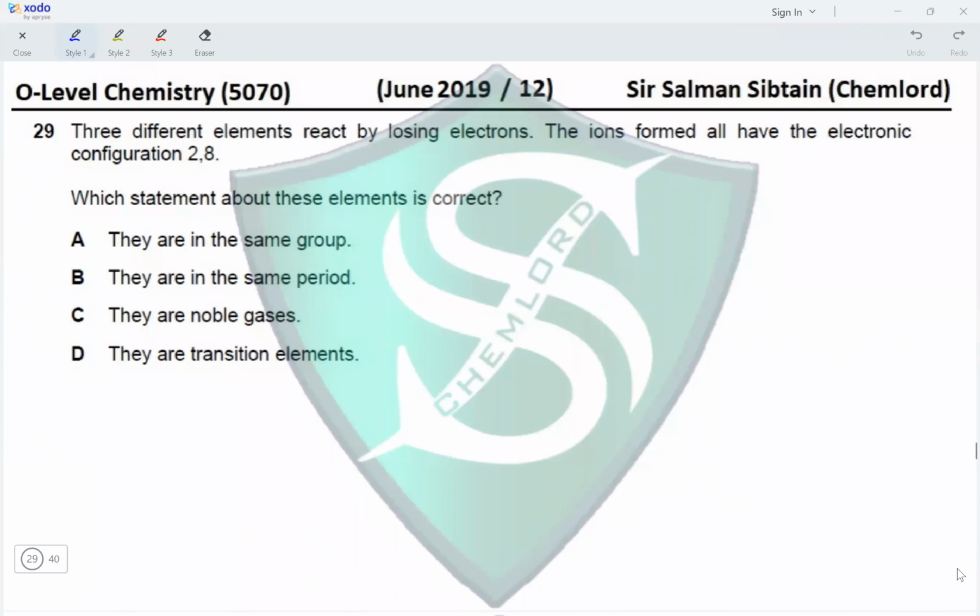Question 29. Three different elements react by losing electrons. The ions formed all have the electronic configuration 2,8. So the ions have the second shell completely filled with electrons, and all of them belong to period 3. They all lose electrons, so are they in the same group? No, they are not in the same group. They are in different groups. Are they all in the same period? Yes. Most likely, because they are losing electrons, they are sodium, magnesium, and aluminum.